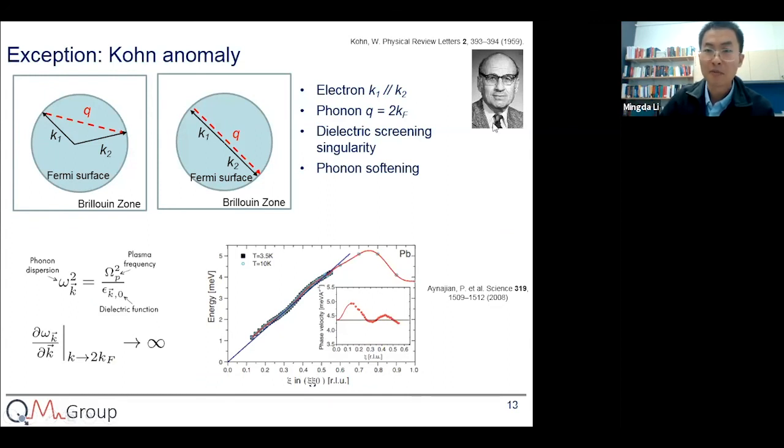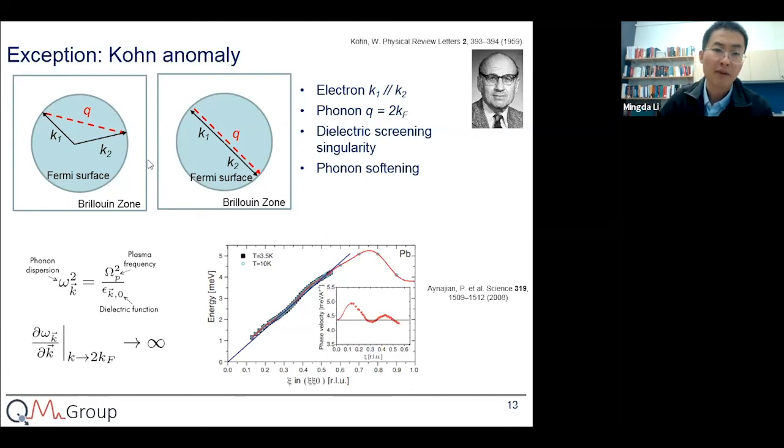Walter Kohn is one of the pioneers who also developed density functional theory. The Kohn anomaly works like this. Imagine we have a metal described by a Fermi surface, and one electron with momentum K1, after scattering with a phonon with wave vector Q, is scattered into another electron with momentum K2.